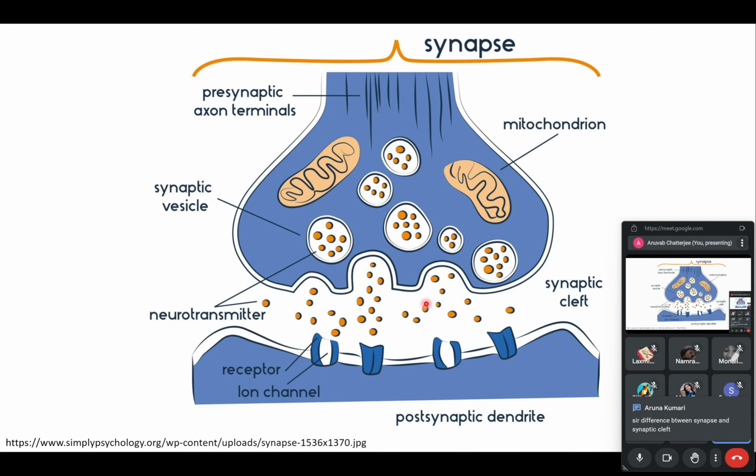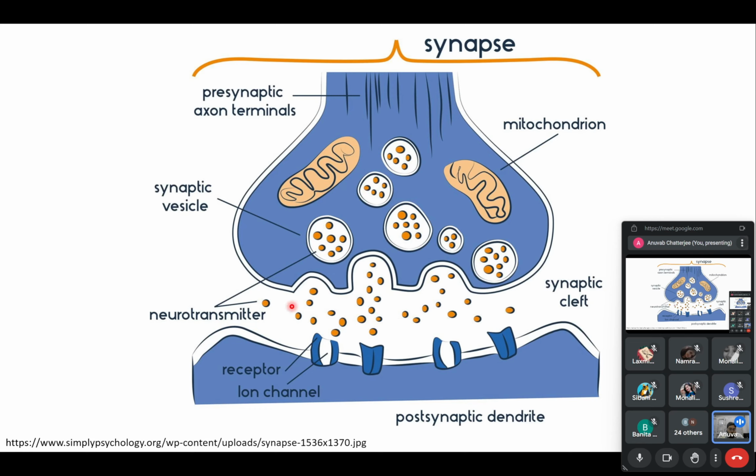the difference between synapse and synaptic cleft. The entire structure formed by the presynaptic terminal and the postsynaptic terminal, including parts of both cells and the ion channels and the neurotransmitters, everything that you can see in the picture, this entire thing is the synapse.